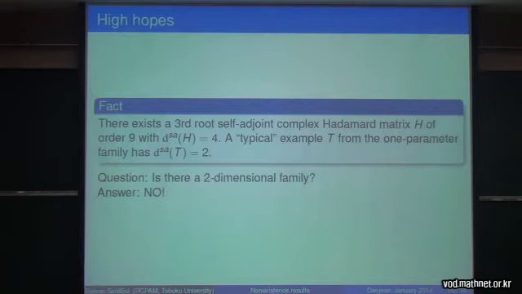So analysis tells you that there could be a 2-dimensional family. If you pick a very special particular matrix, this defect is 4. It tells you that around a small neighborhood of that particular matrix, there could be a 4-dimensional family. So this is a kind of evidence supporting that there could be a larger family than what we have. Unfortunately, despite these high hopes, there are no such examples.